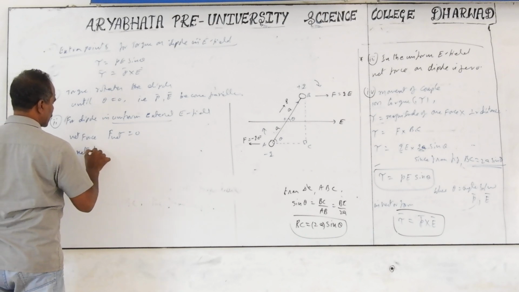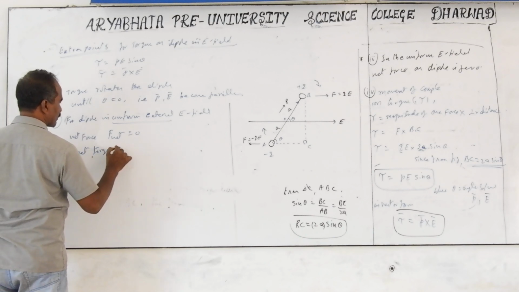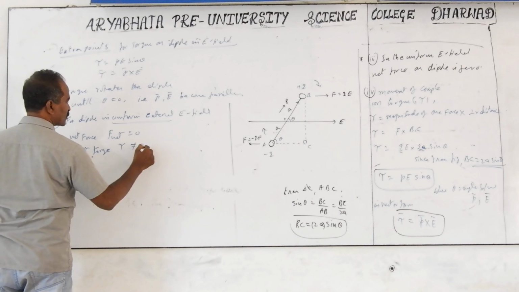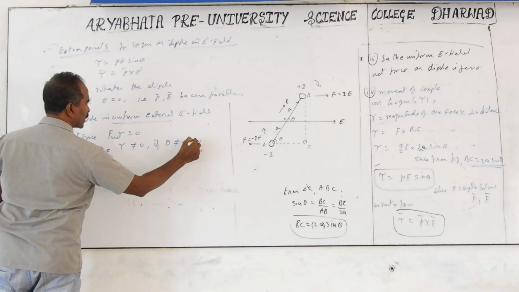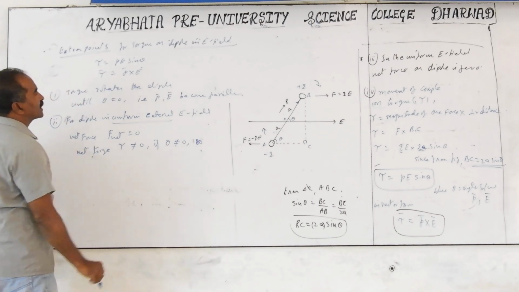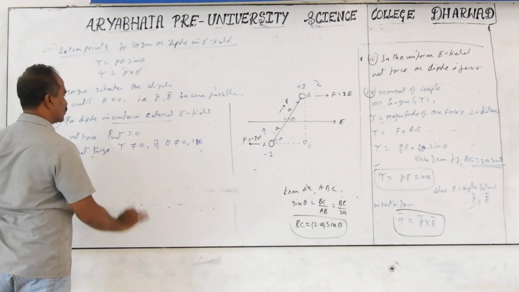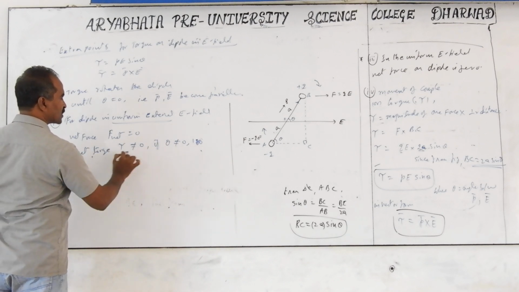Net torque is not 0 if theta is not equal to 0 or 180. We discuss this because sin 0 is 0 and sin 180 is also 0. In both cases torque is 0. If not at these conditions, then torque is not 0.